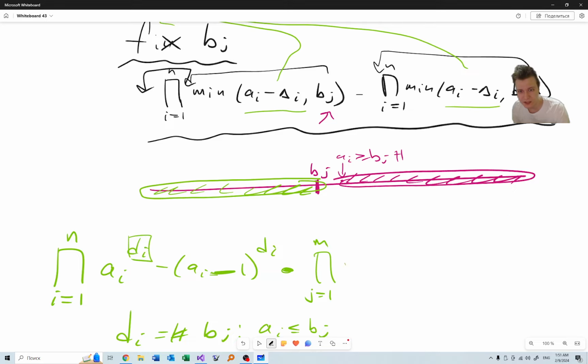So bj to some power minus bj minus 1 to some power. What is this power? Let's call it ej, and ej is the number of ais which are at least bj plus 1.